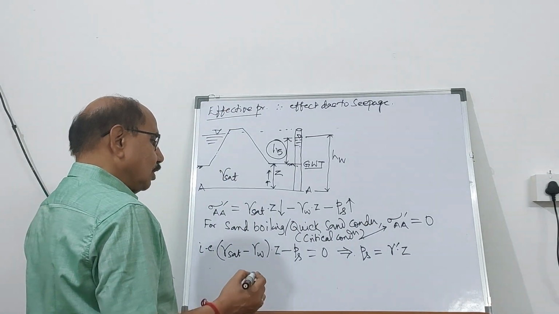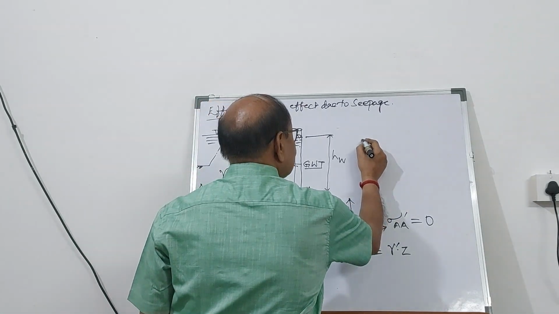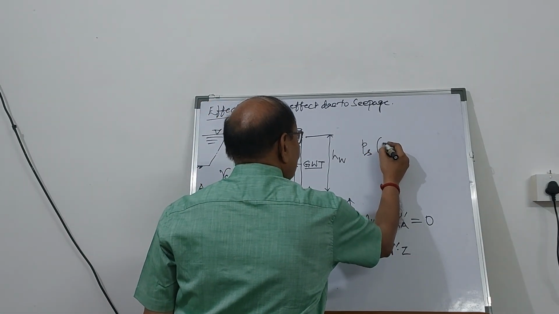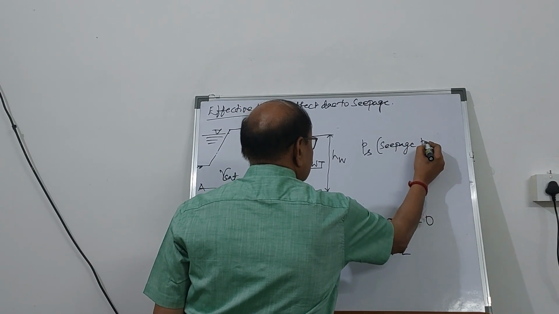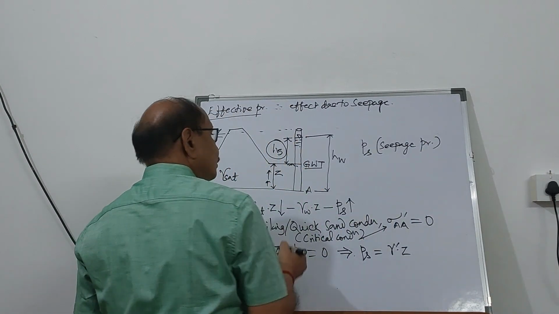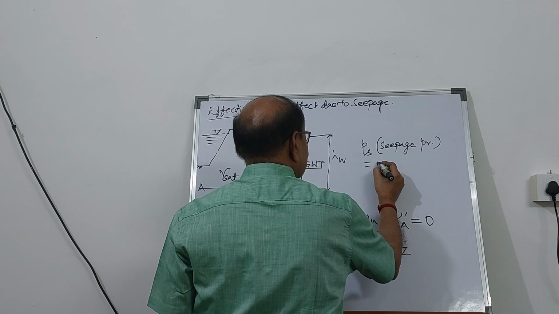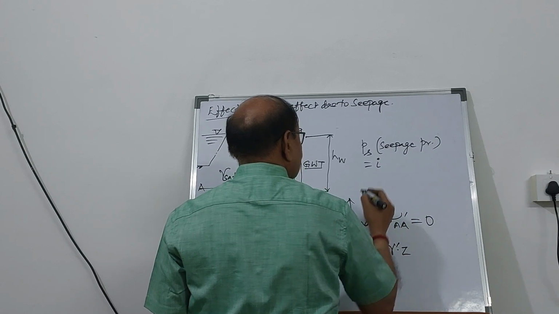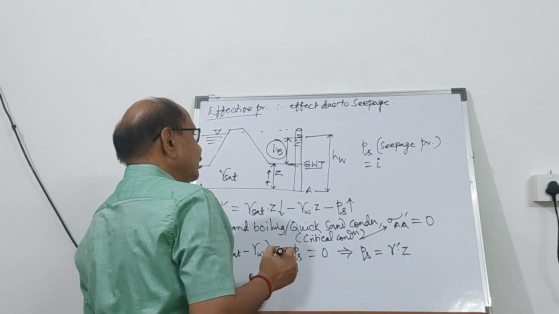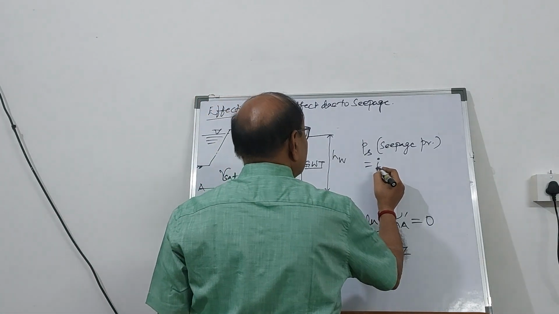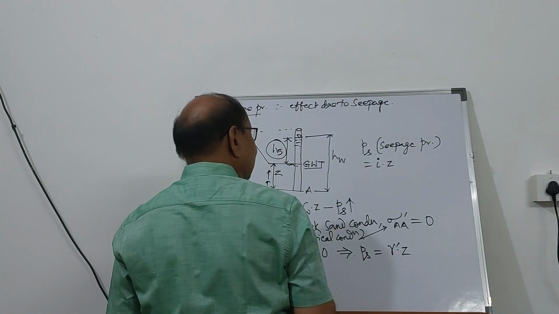So what is seepage pressure? The seepage pressure, PS, is the pressure due to seepage. The seepage pressure is given by the hydraulic gradient multiplied by the length over which it is acting.